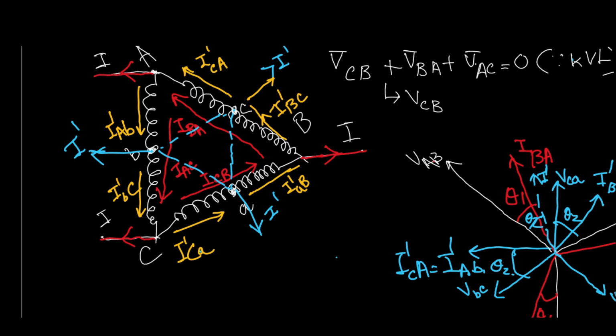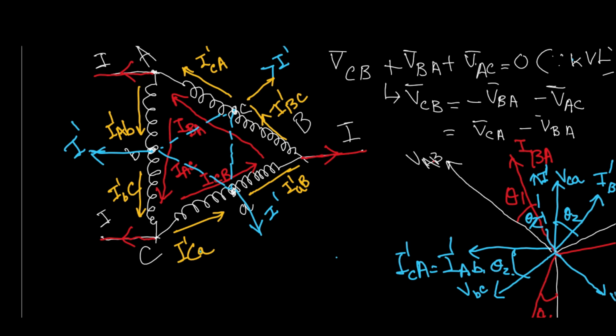VCB is equal to, if you just do the side transposition, what you will get? You will get VBA minus VAC. So this you can write like VCA minus VBA.